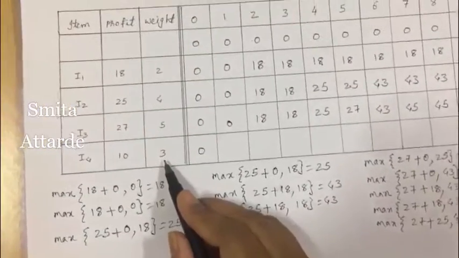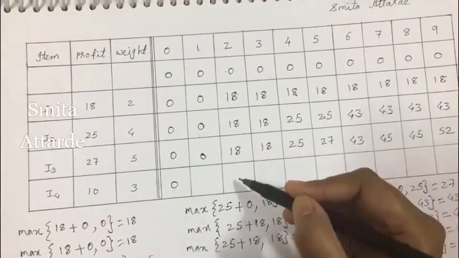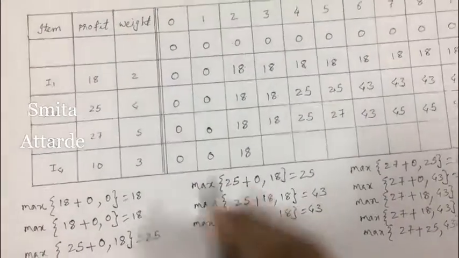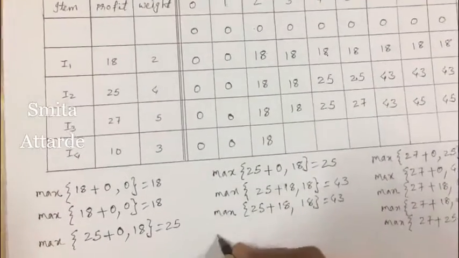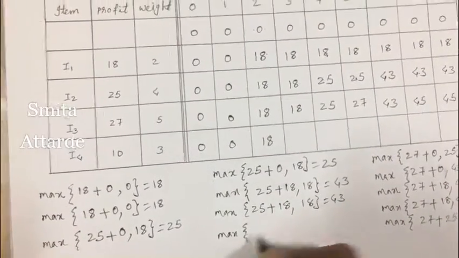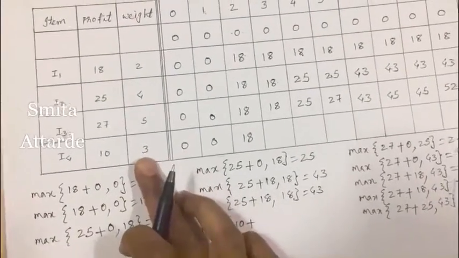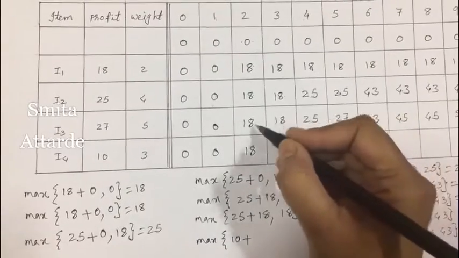Again the weight of this item is 3. So 1 and 2 cells will now have no profit. So we'll copy the above values as it is. Now we'll calculate this one using the same formula. Maximum of the profit of this item is 10 plus, now the weight of this item is 3. So we go one row above and 3 steps behind. 1, 2, 3.